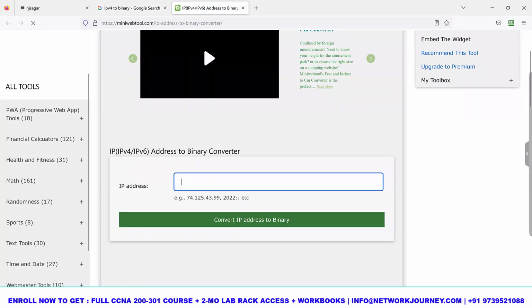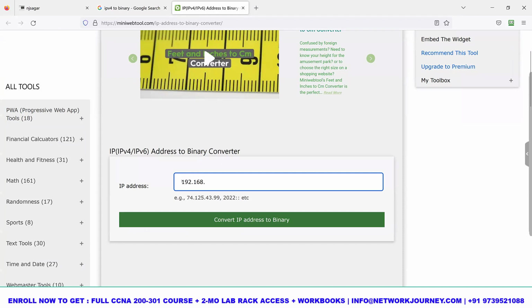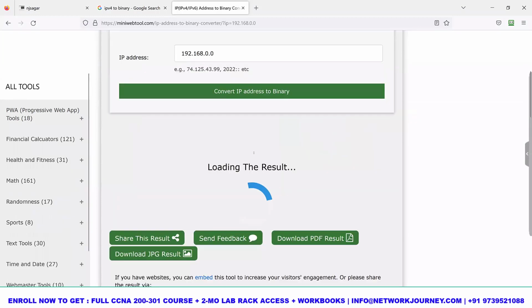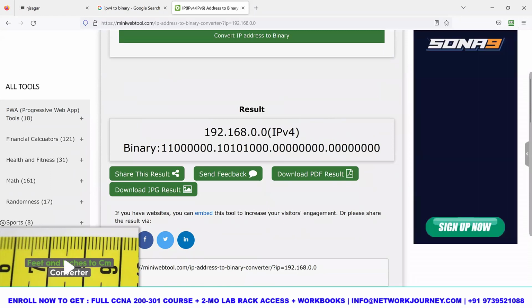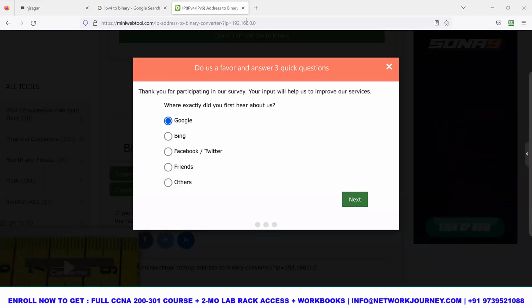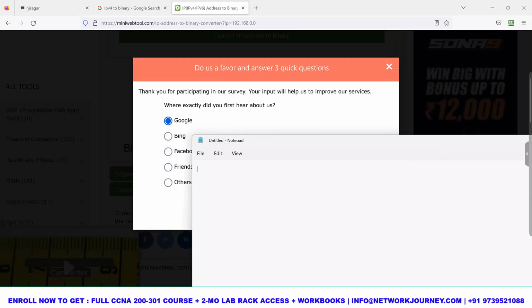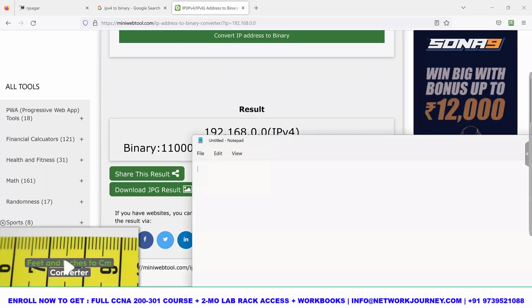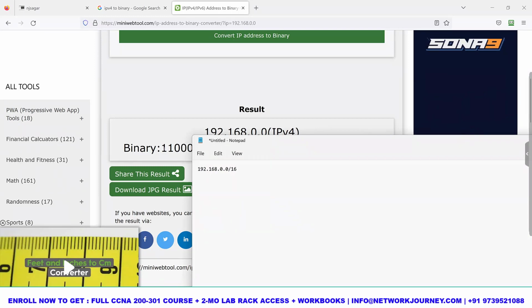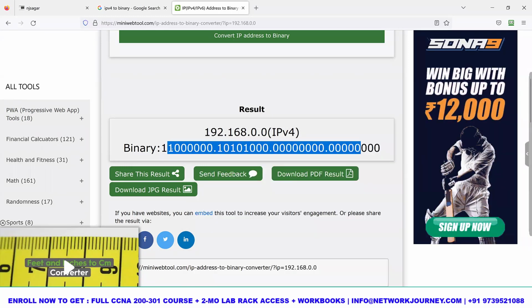Yeah, so now if I put 192.168.0.0, this is my binary method. Okay, so let me take it in a notepad. Out of the three, 192.168.0.0/16, I take the binary format of it.